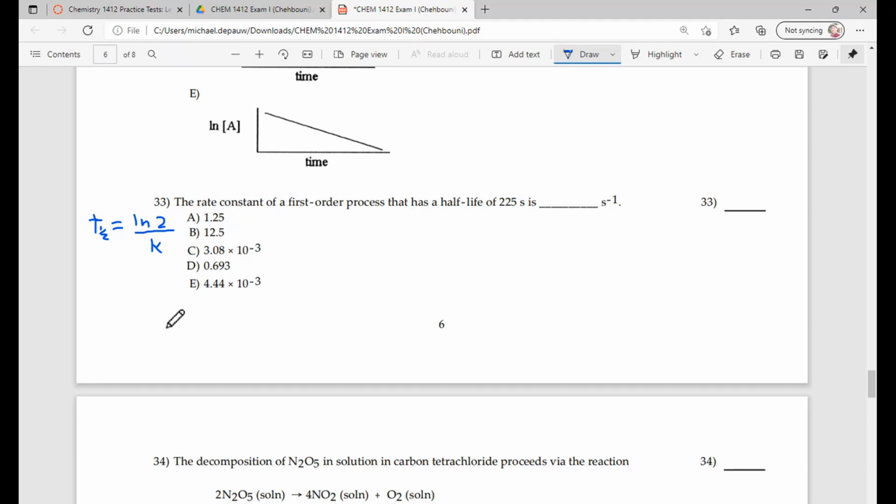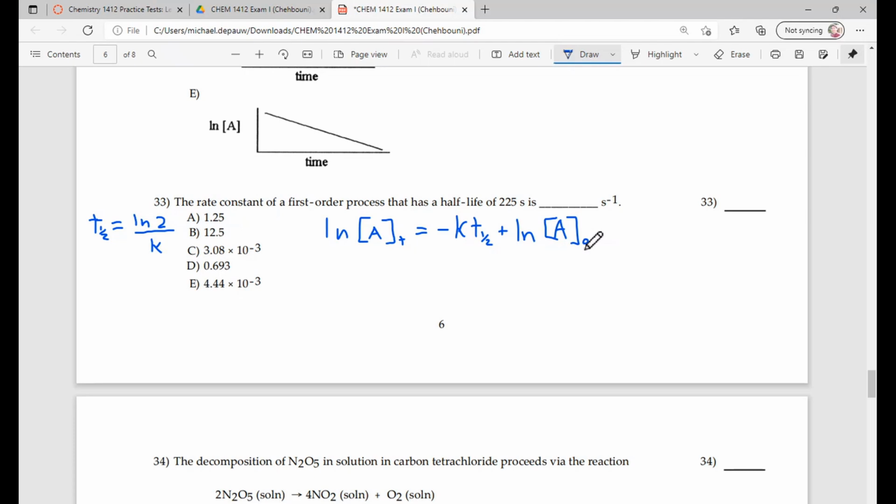And if you could not remember the half-life equation, another easy way to determine it is to recognize that if you have the integrated rate law, and I'd recommend memorizing the linear form of the integrated rate laws, at the half-life, how much remains of the original sample?